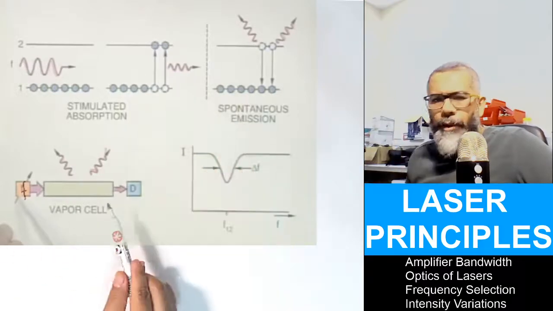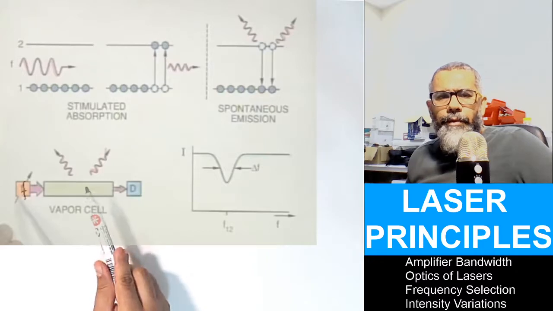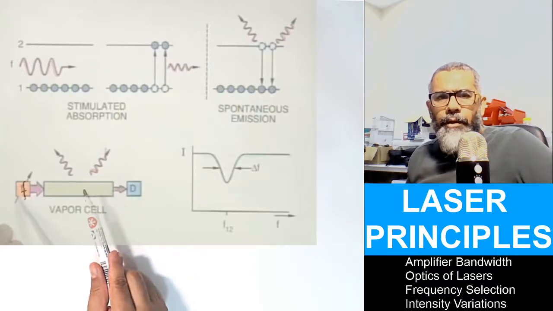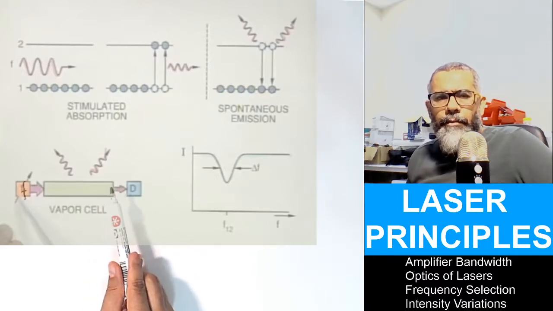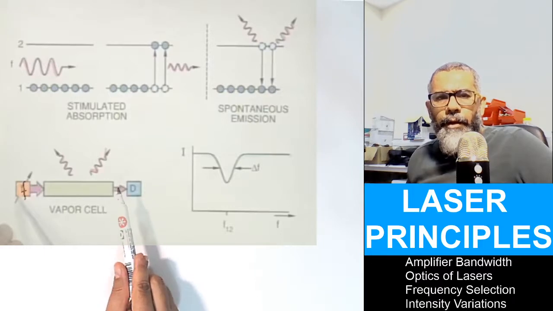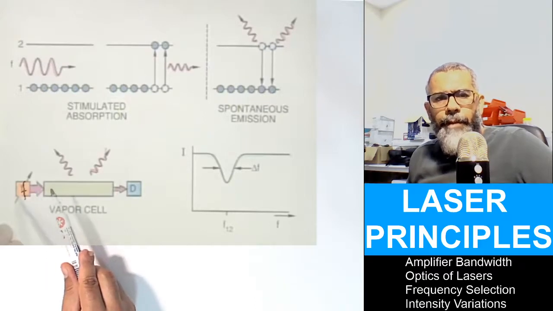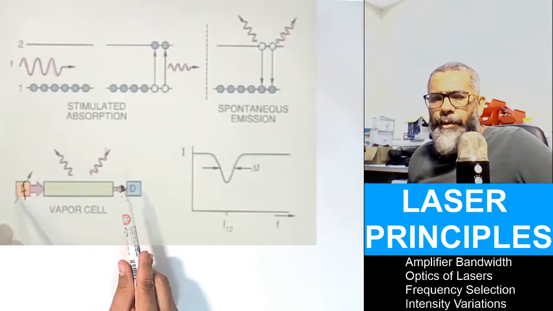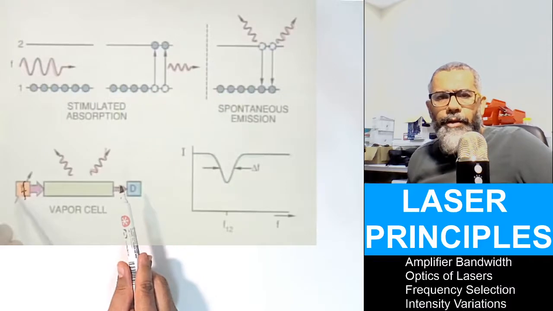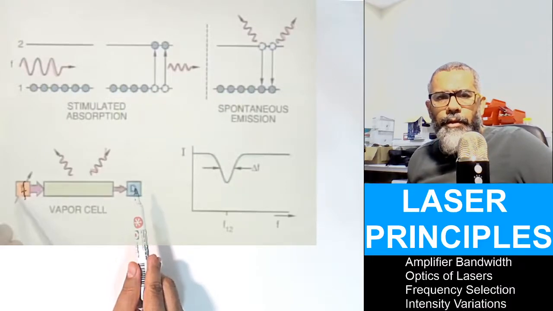Some amount of the input light might not be absorbed, and it just goes through the vapor cell without any interaction, and goes to this detector.